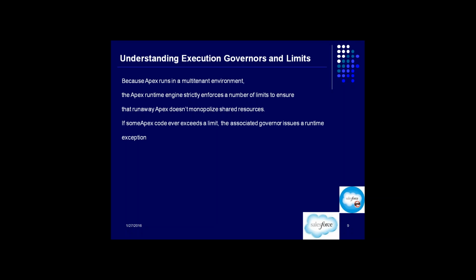Now, whenever the code exceeds the limit, it's going to throw an error. So as a developer, it's important for you to write the code in such a way that you don't get these kinds of errors very frequently. Otherwise, your end users will not have a good experience.